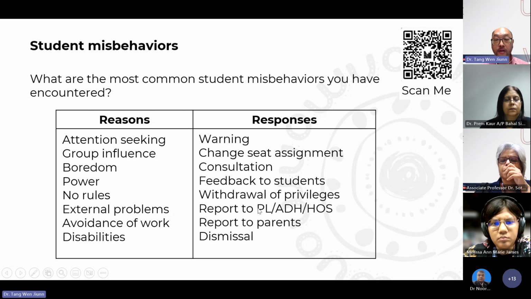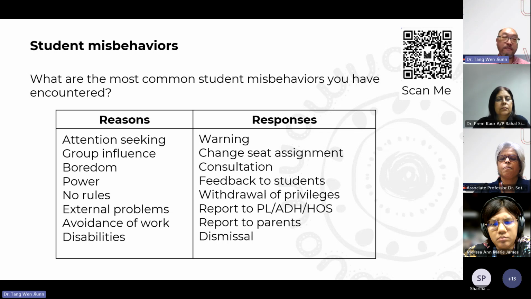If all these things still do not give good outcomes, then of course discussions with ADH and HOS. If we have to call in the parents, then we call in the parents. And if all things have been said and done and the students still haven't changed, then the last one will be dismissal.